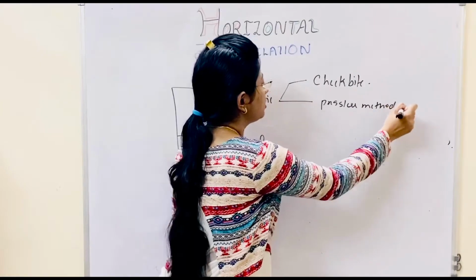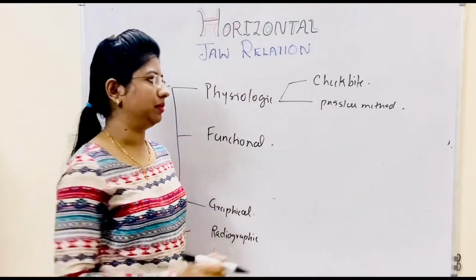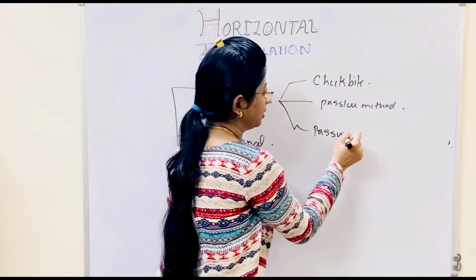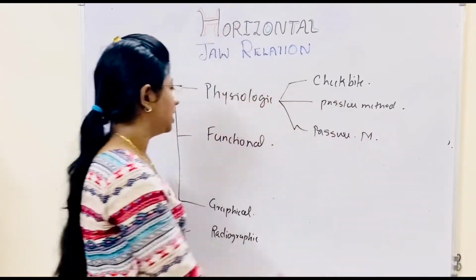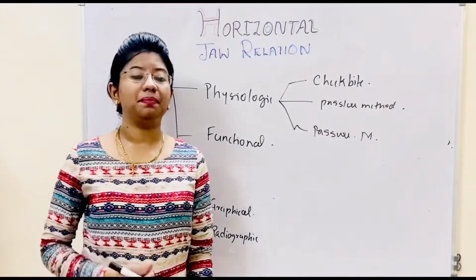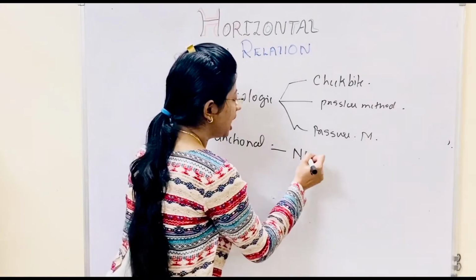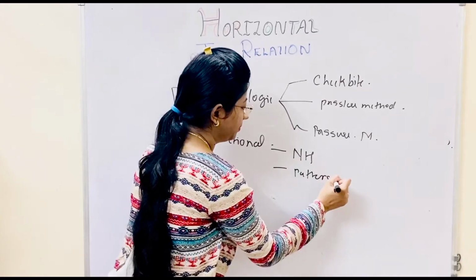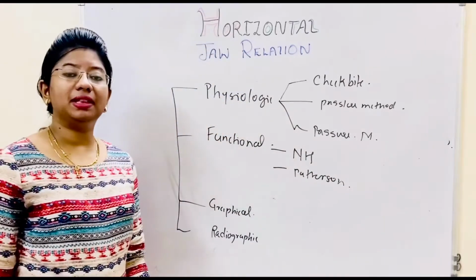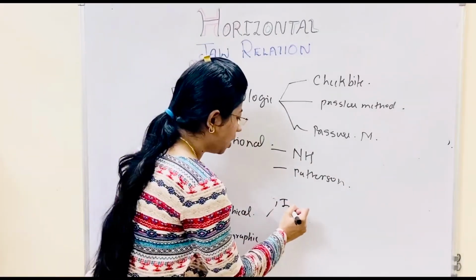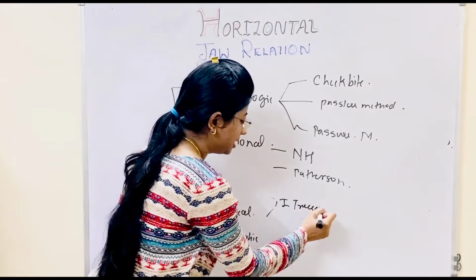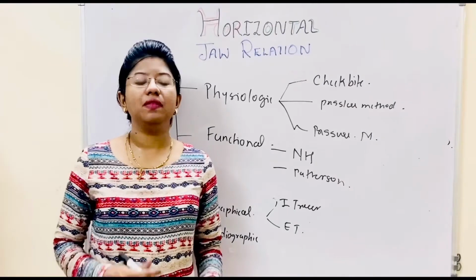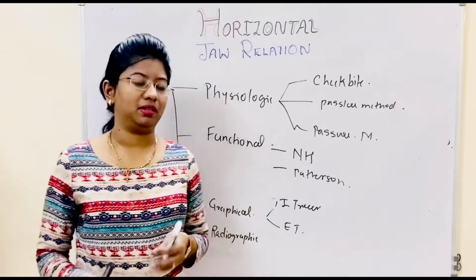This method is also called the static method. Then is the pressure method. In the functional, there are two main methods, that is Needles and Patterson. In the graphical method, there are intraoral tracers and extraoral tracers. And the last is the radiographic. We will see each method one by one.